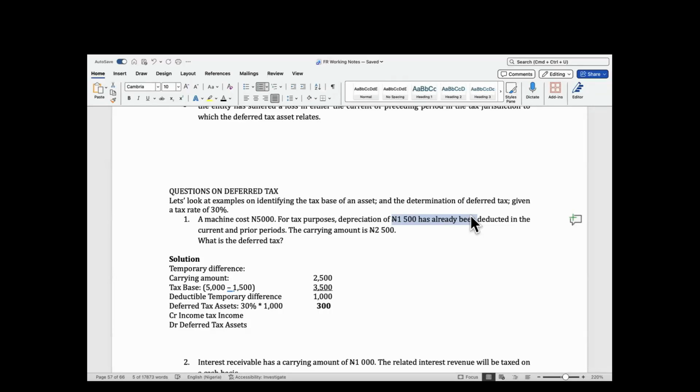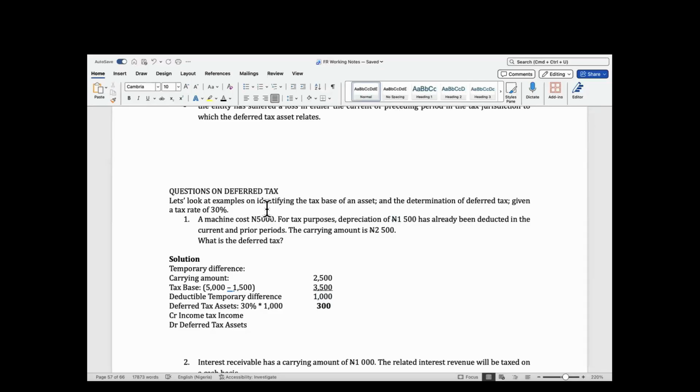So I just want more clarity on this deductible temporary difference. Yeah. So in this case, the company would have more deductions, because as far as capital allowance is concerned, it's something they give you as a deduction.